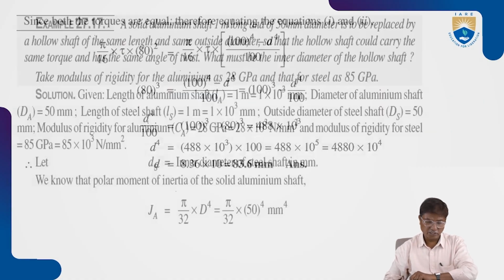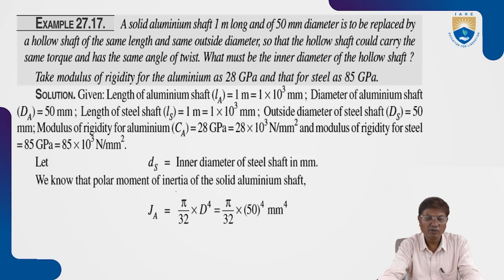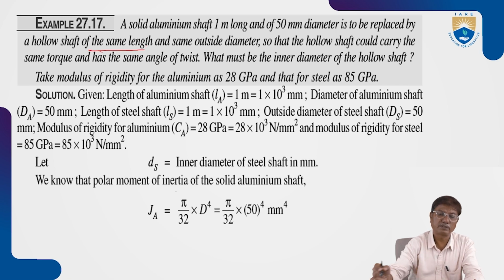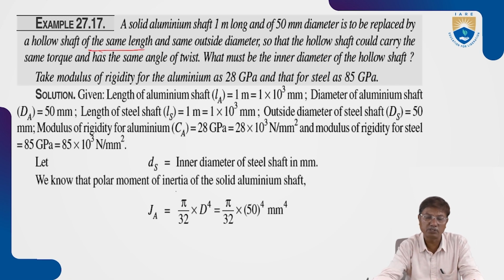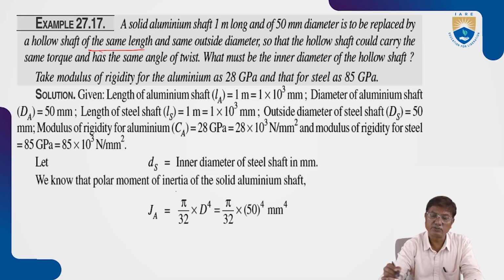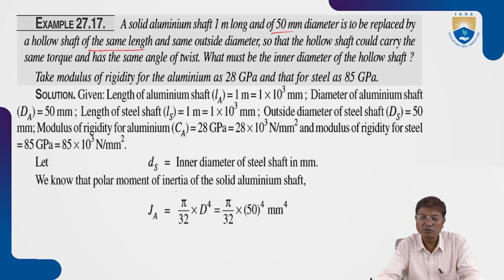Now let us discuss one more example. Last example for today's session. A solid aluminum shaft 1 meter long and 50 mm diameter is to be replaced by a hollow steel shaft of same length, same outside diameter, that is 50 mm, so that the hollow shaft could carry the same torque and has the same angle of twist. What must be the inner diameter of hollow shaft?